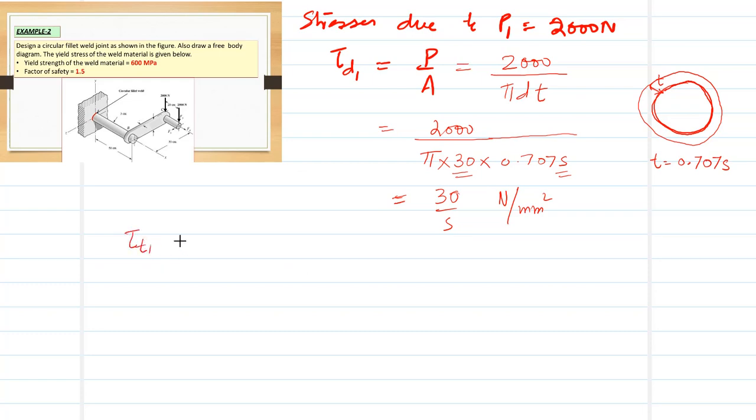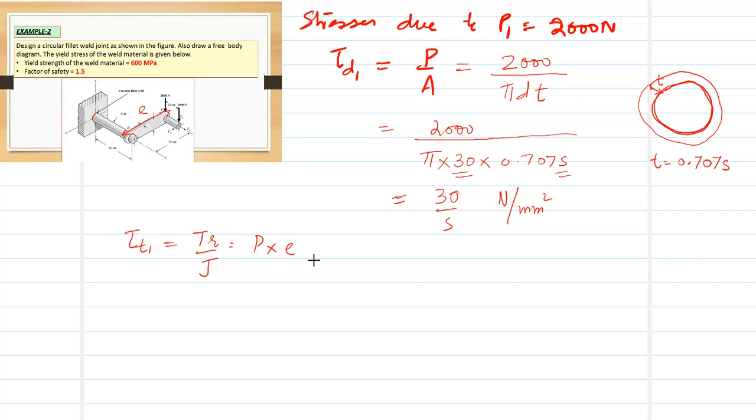Now we have to find the tau T1. For tau T1, we know its relation is TR over J. Clear? Now T is the torque, which is actually equal to this load P into this distance from this point to the center of the rod. This is your E. Clear?